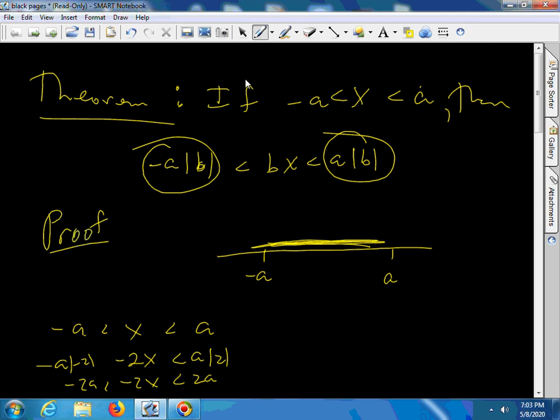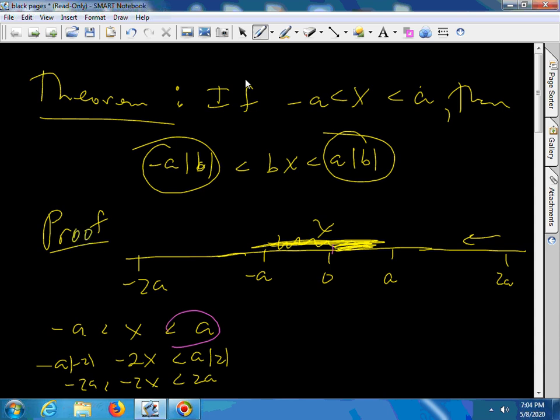negative 2a and 2a. Now, this makes sense because here's 2a and here's negative 2a, and x is anywhere in here. Well, if I multiply a positive number by 2, I will get less than 2a, because actually it doesn't say x can equal a.